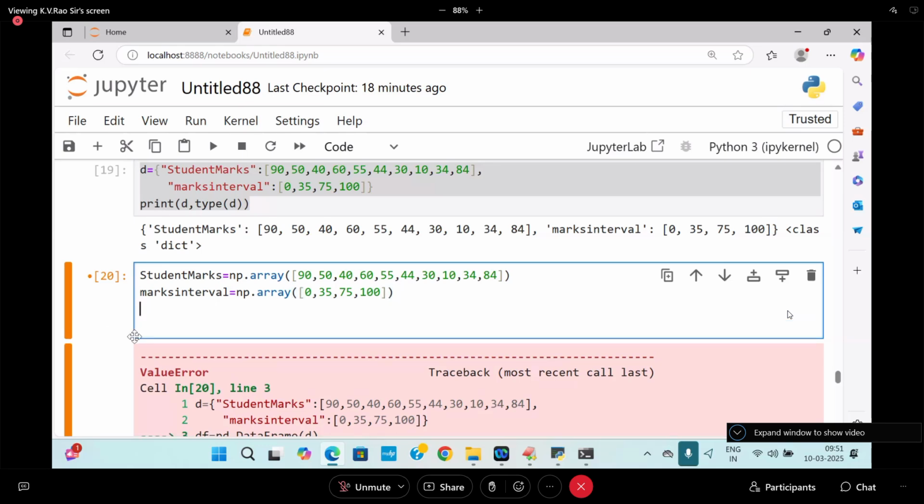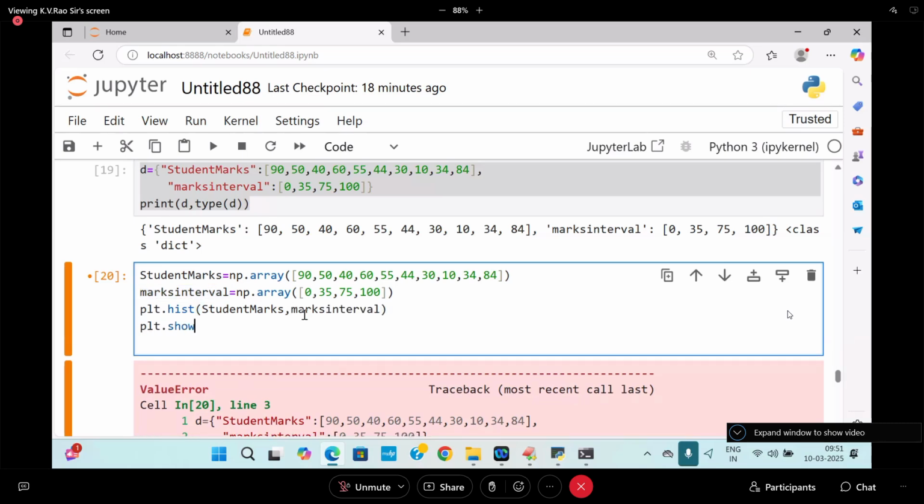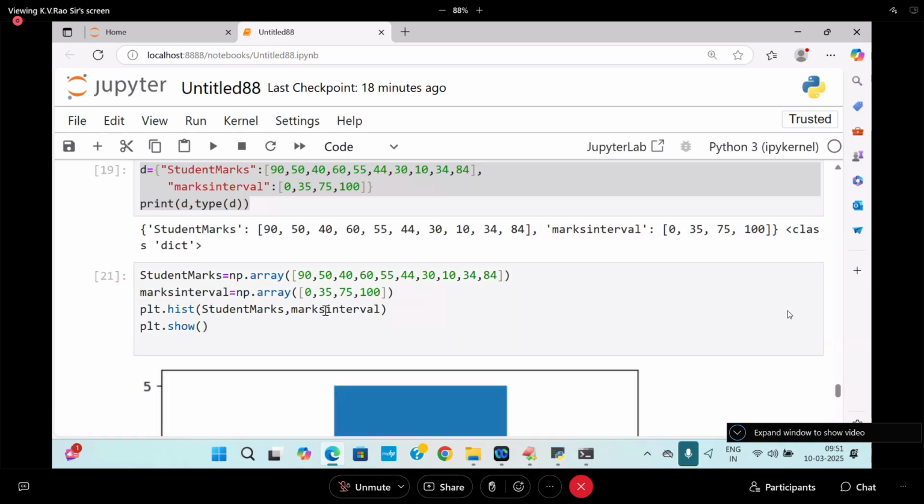Now I need to go for plt.hist of student marks comma, like this I'm taking. So plt.show I'm going to say. So you are going to get it.